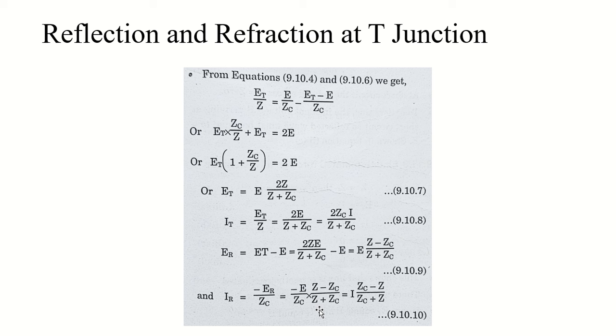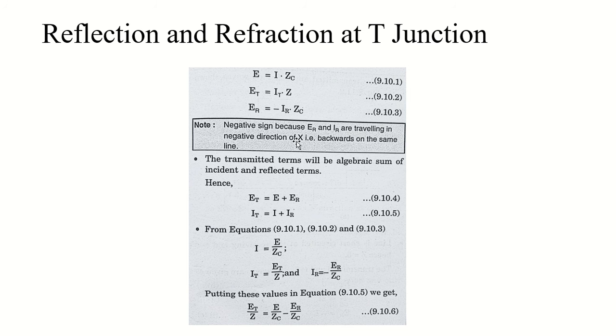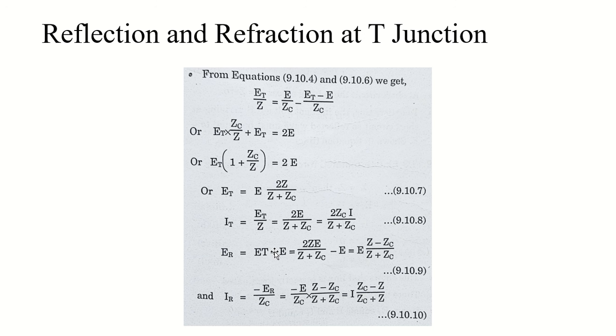Now see one thing: what is the value of minus E divided by ZC? Minus E divided by ZC would be minus I, right? So this minus and the minus which we get from minus I will get cancelled.